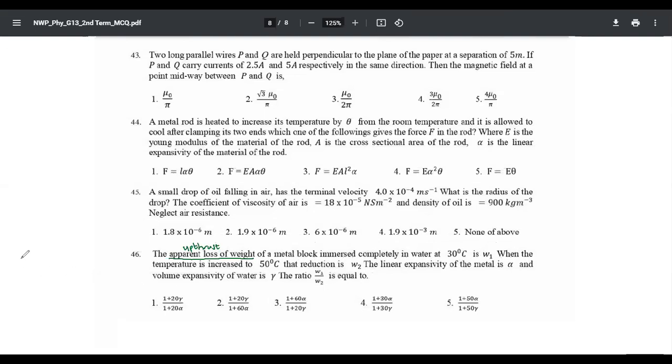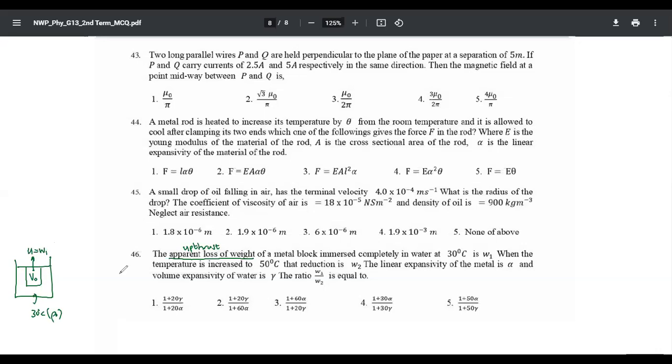Interesting. Now, the metal is kept completely immersed in water throughout, so no need to waste our time. Directly, we can go to the upthrust equation. At 30 degrees Celsius, let's say the metal has a volume of V naught and the liquid has a density of rho naught. Then there's an upthrust, and that upthrust is W1.